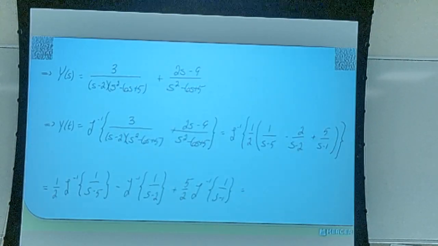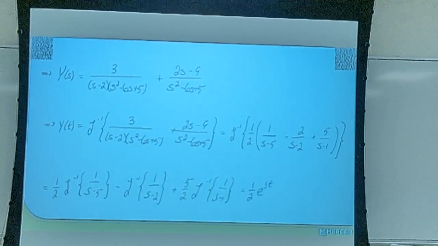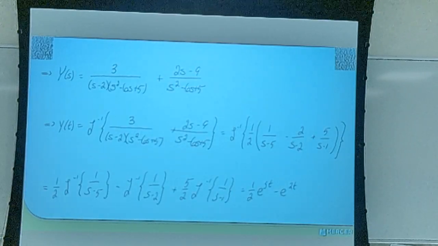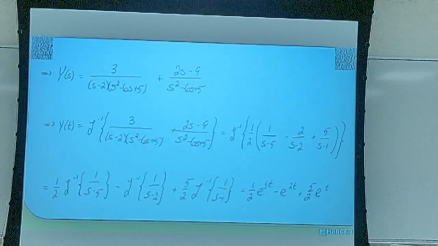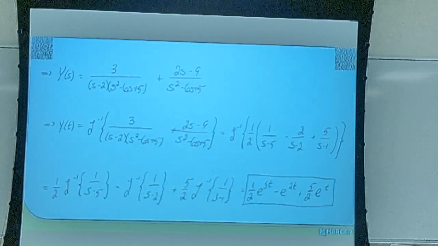It would have to be unit-wise too. What's the second transform? Minus e to the 2t. And what about that final one? Plus 5 times e to the 2t. Is that your solution?